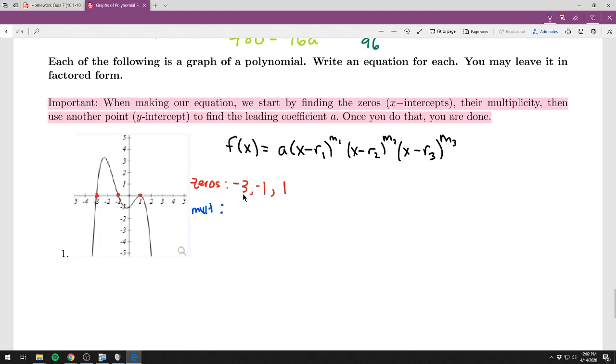But I'll tell you right now, if it's even, use 2, and if it's odd, use 1. Right, it works for every single one of these, if you use your multiplicity when it's even as 2 and odd is 1.